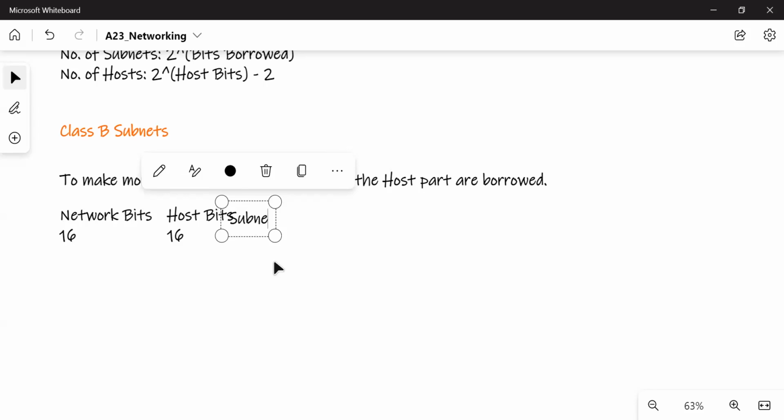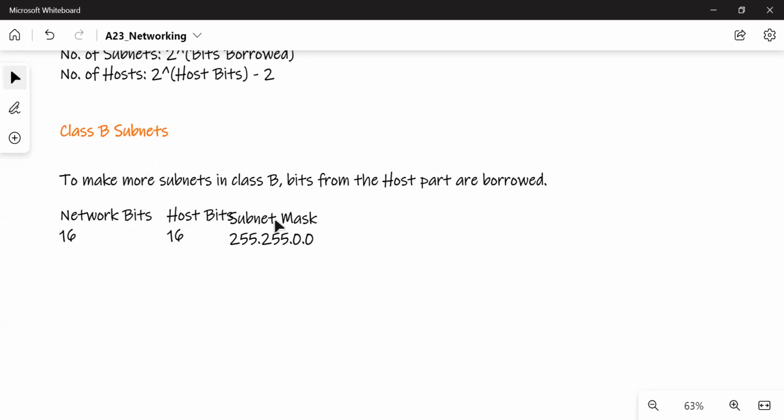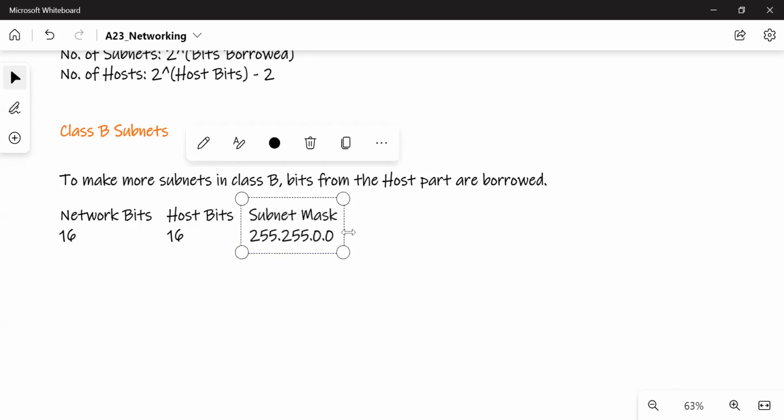The subnet mask has ones representing the network bits and zeros for the host. Since we have 16 bits, we have 255.255.0.0. This is the default subnet mask.